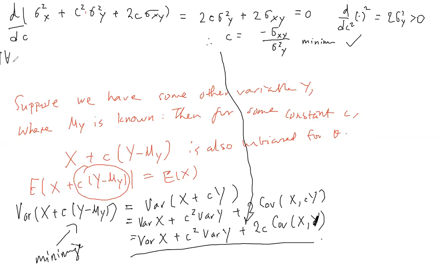So finally your variance of x plus c star times y minus mu y is equal to variance of x plus, okay, let me use the new notation, variance x squared plus this one squared over 4 plus, so it's minus 2 this.